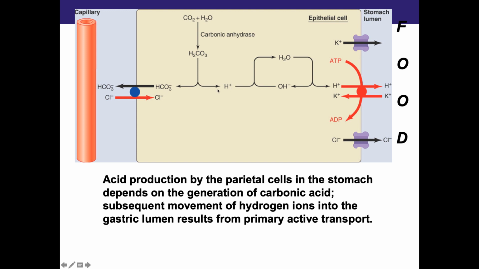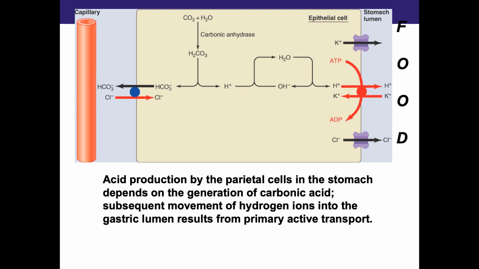Now, if you remember the kidney, those are parietal cells in the kidney. For every carbon dioxide molecule, one acid is secreted and one bicarbonate ion is reabsorbed, just like what we saw before.